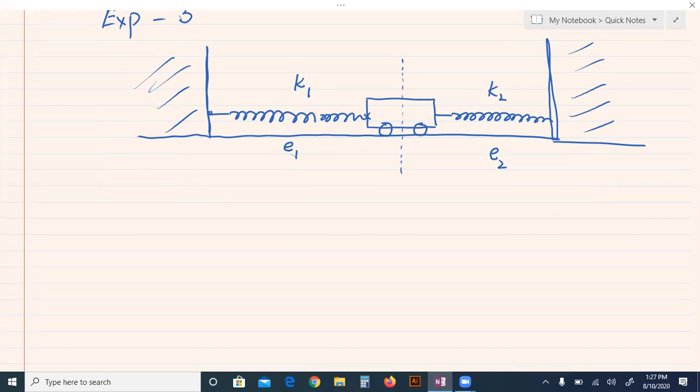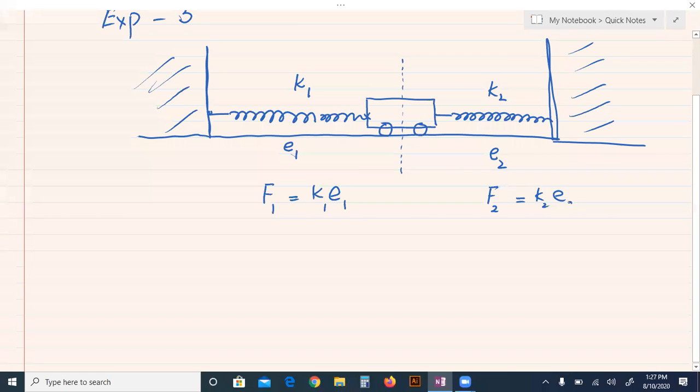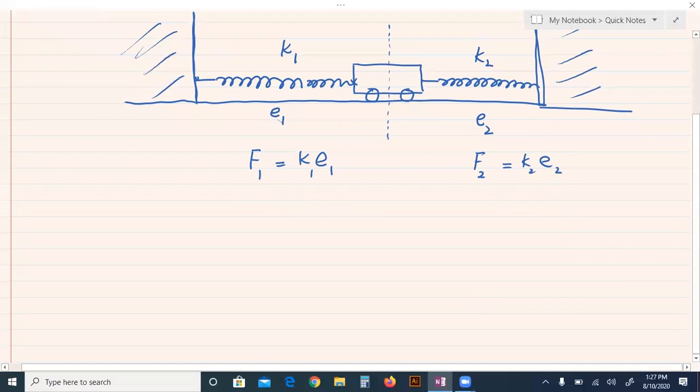Now, according to Hooke's law, the left side force in the spring is F1 = K1 E1, and on the right side it is K2 E2. The trolley is at rest, acceleration is 0, so the resultant force is 0.